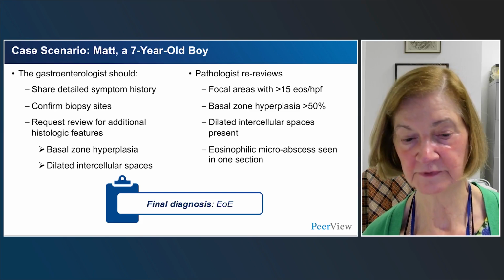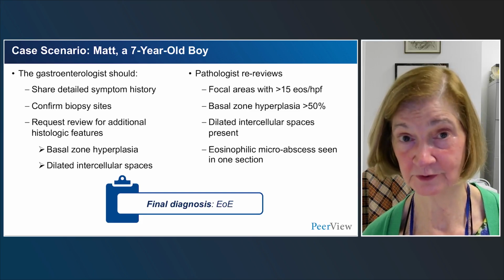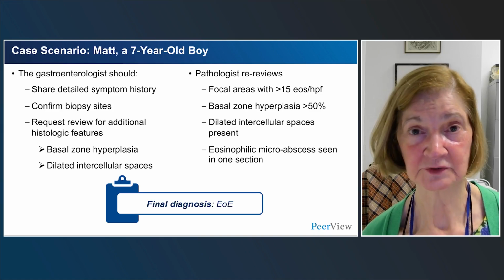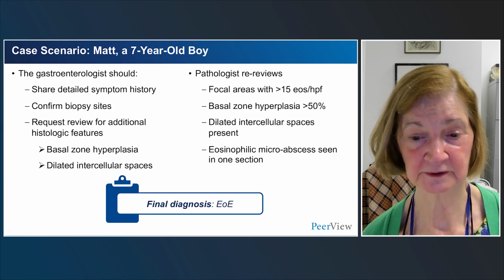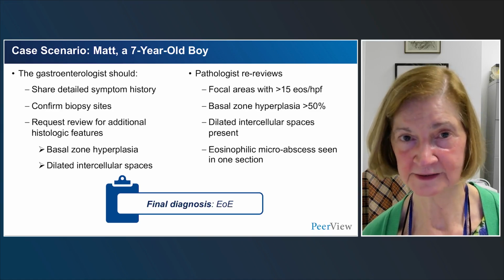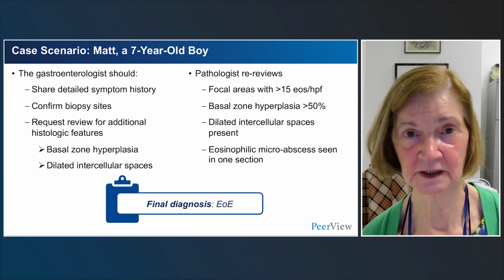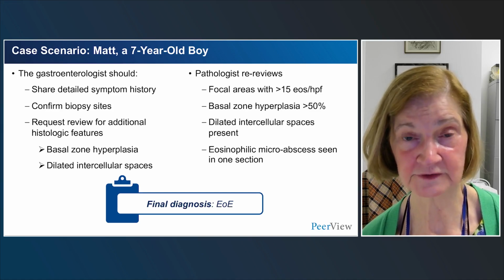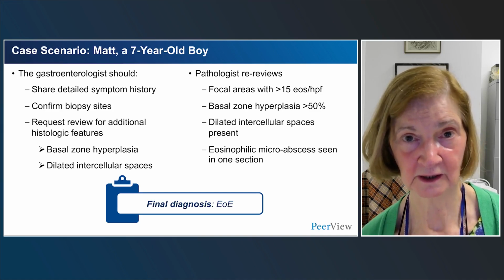And the pathologist should re-review the slides at the gastroenterologist's suggestion, and chances are they'll find areas where there are 15 or more eosinophils in a high-powered field, with an initial count of 10 to 14 in a high-powered field.